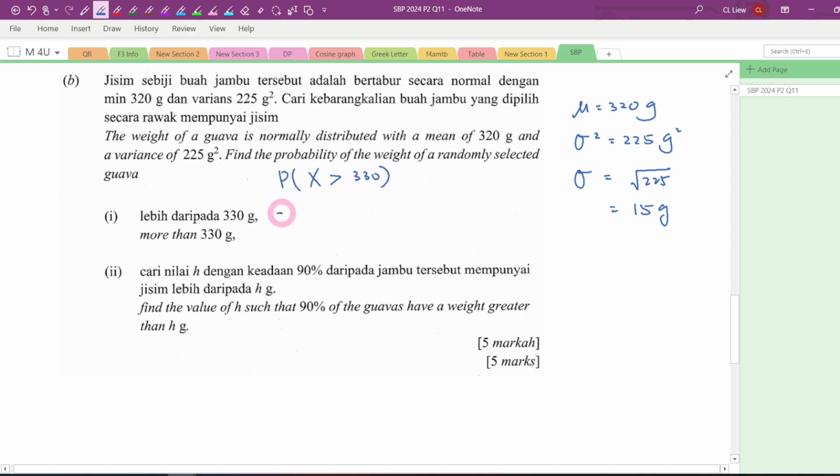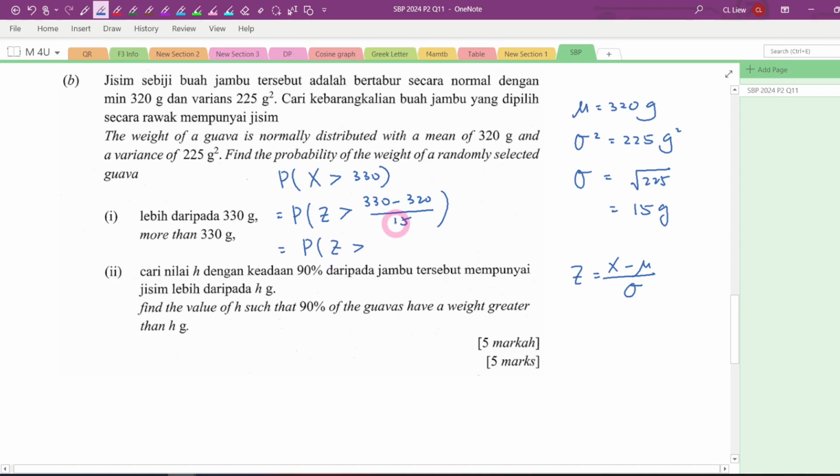More than 330 grams. Now this is an x value, so the first thing, I'm going to convert it to a z value. The formula that I use is z equal to x minus mean divided by standard deviation. So the x is 330 minus mean 320 divided by the standard deviation. Be careful, this is standard deviation, not variance. So 15. Okay, now let me convert it to z value first, then only we get the value from our table.